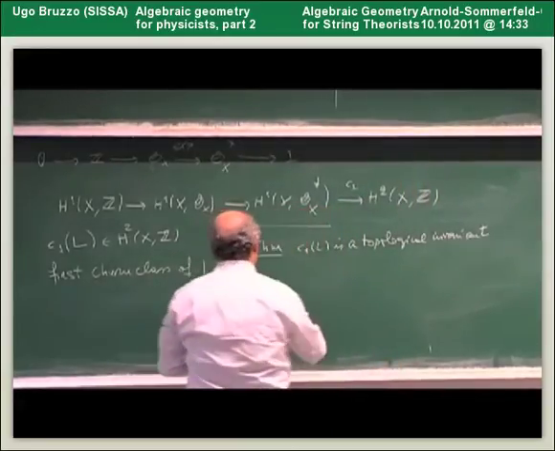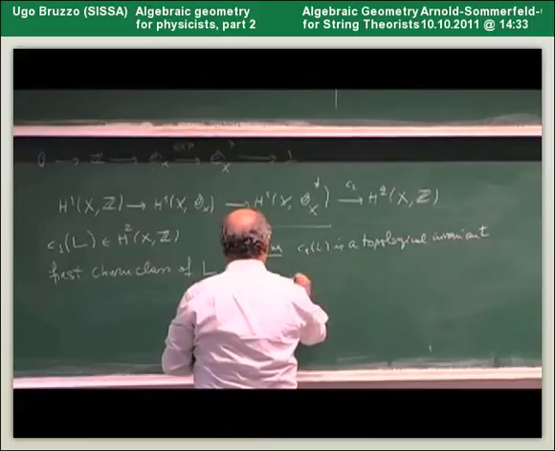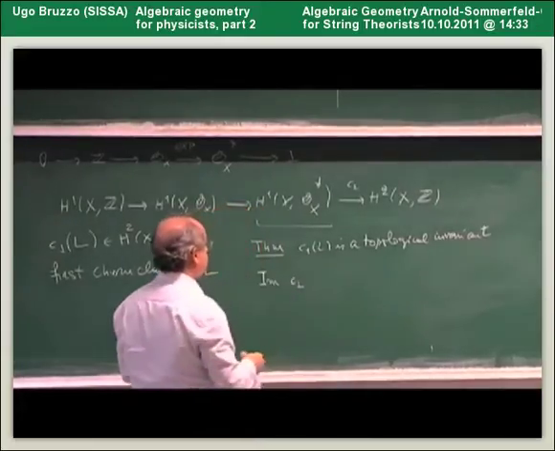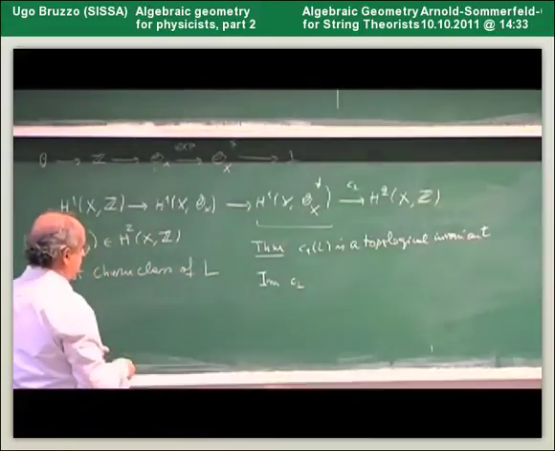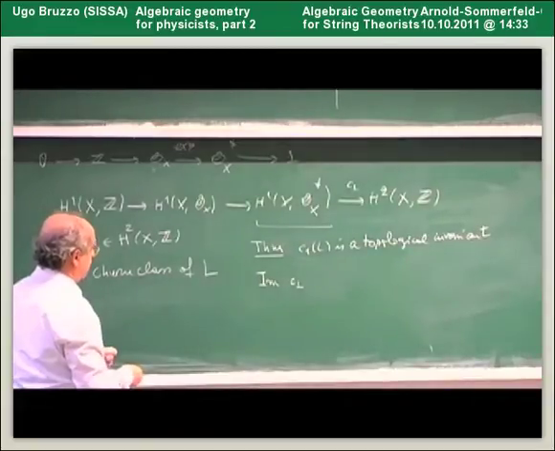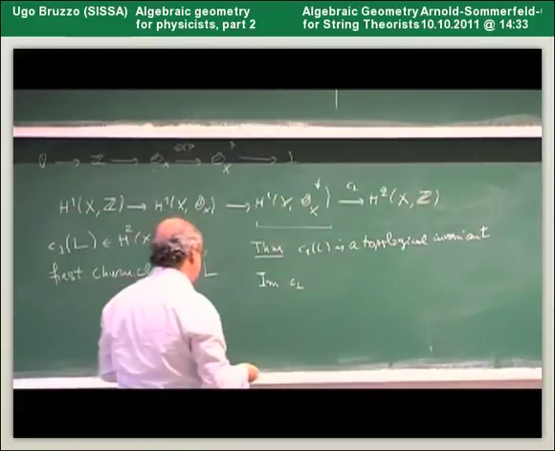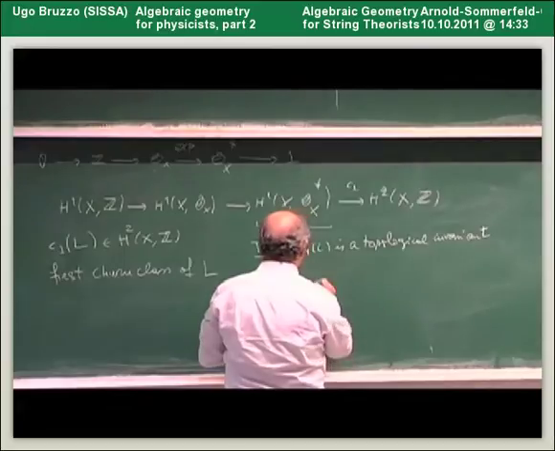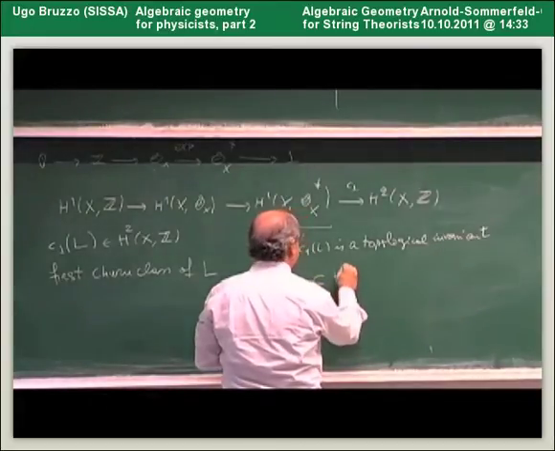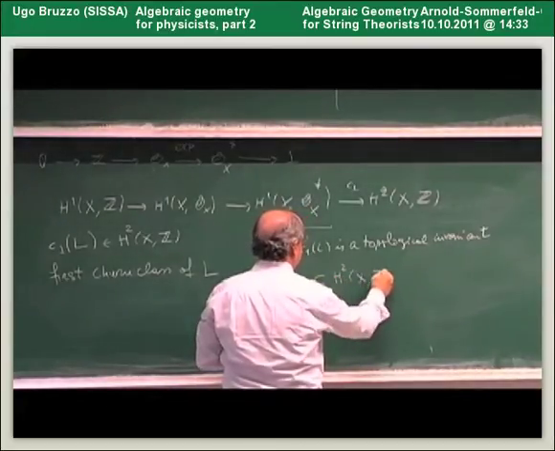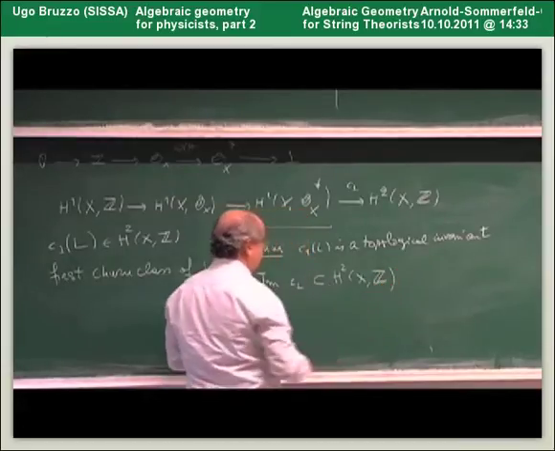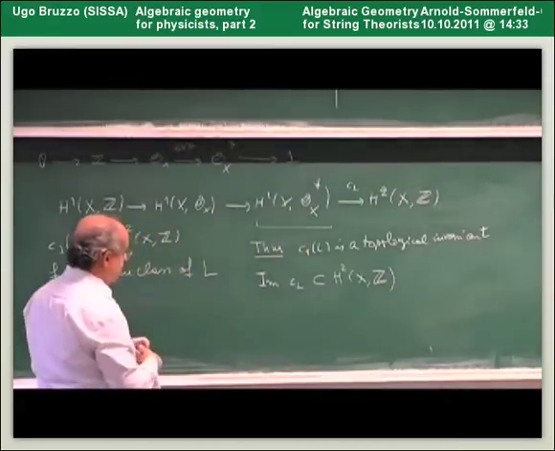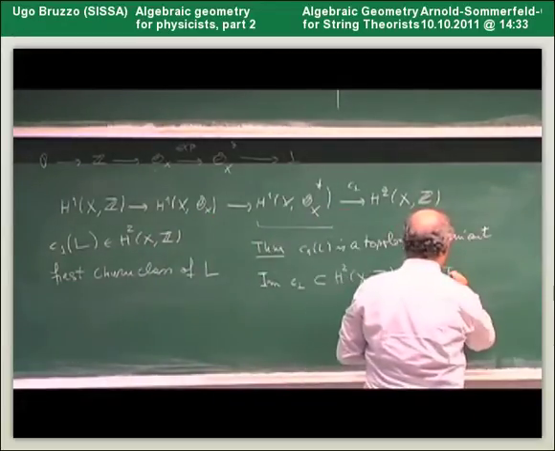Well, perhaps I will not go into this detail. So the image is in principle strictly contained. Here, these are the so-called algebraic classes, but anyway, we don't have time to go to that.